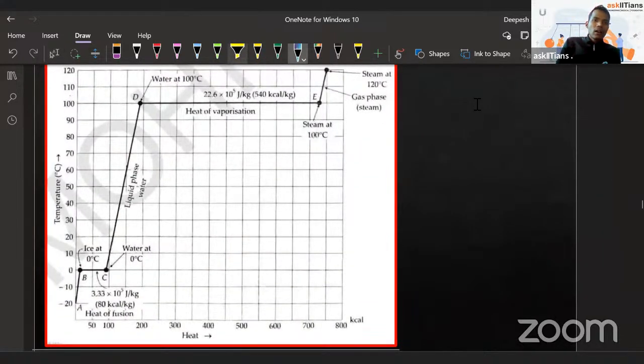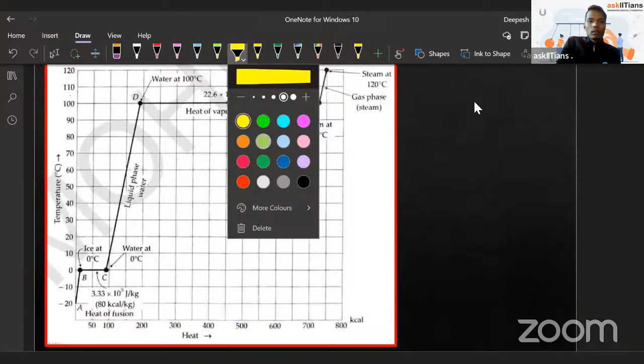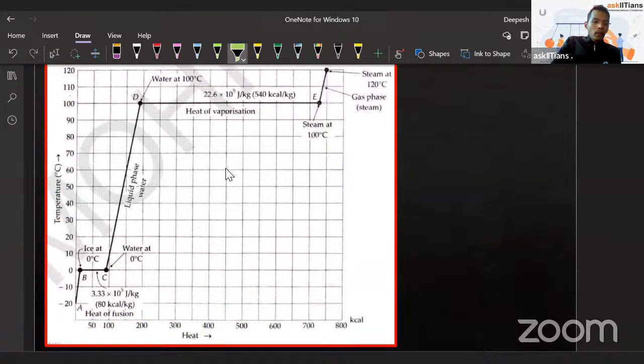As you can see in this graph, what is happening? This is the heat axis. This is the temperature axis. What are we doing over here? If we are increasing the heat, then clearly you can see that temperature is increasing in this region. I will repeat.